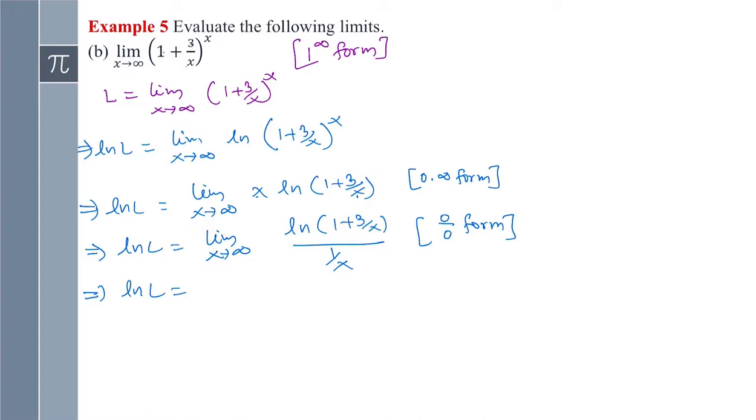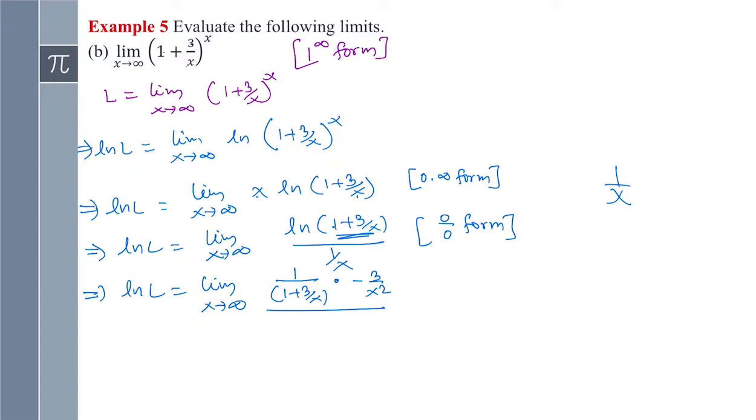L'Hopital's rule says that we find the derivative of the numerator and denominator, as x approaches infinity. The derivative of natural log of x is 1 over x, but we have to use the chain rule here. So it is 1 over (1 plus 3 over x), because it's 1 over whatever that quantity is, times the derivative of this function. The derivative of 1 is 0, and the derivative of 3 over x is negative 3 over x squared.